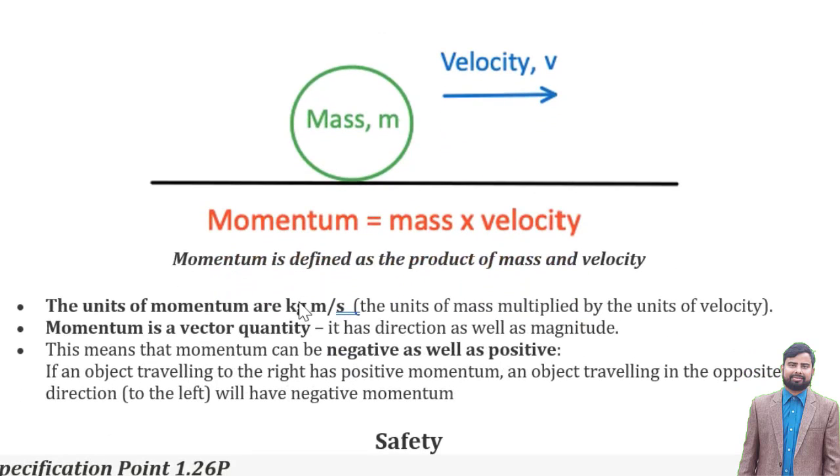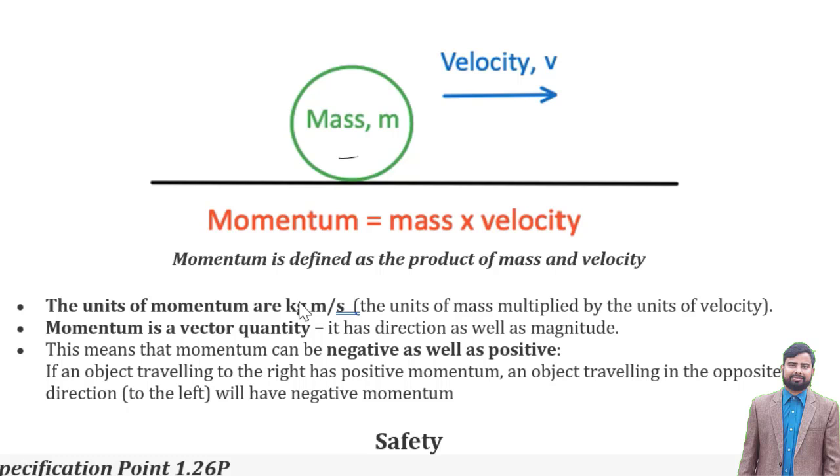Here the mass of the object is m, and velocity v. It moves in the right direction. Momentum is defined as the product of mass and velocity.